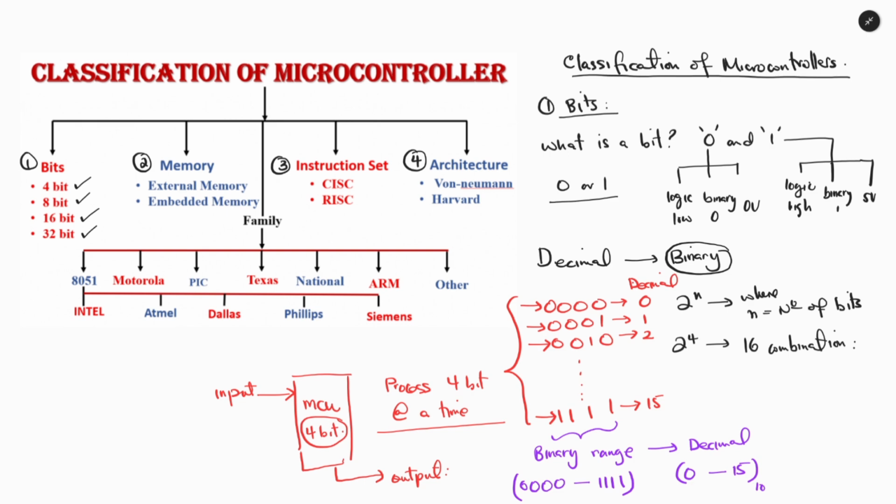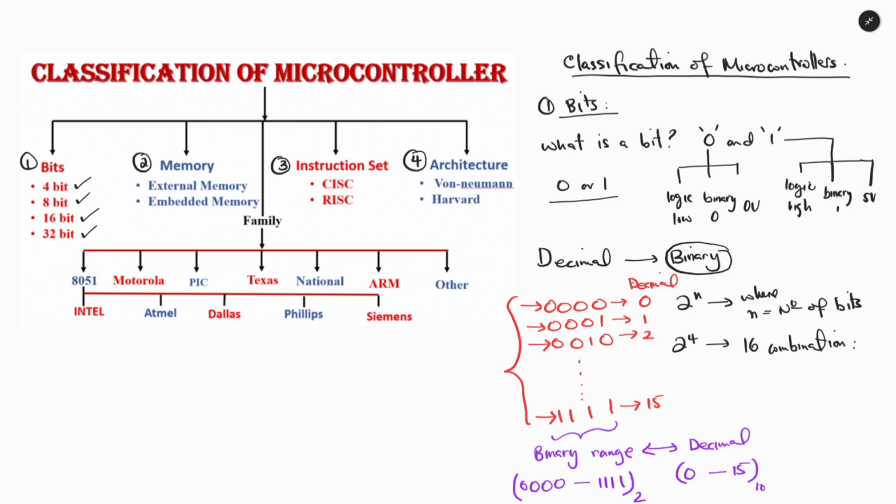However, the binary has a base of 2. So this is the only difference. Because we humans can understand a decimal, however, the microcontroller will only understand a binary. Therefore, we have to convert our decimal understanding into the binary understanding so that the microprocessor can be able to understand the binary representation of the number system.